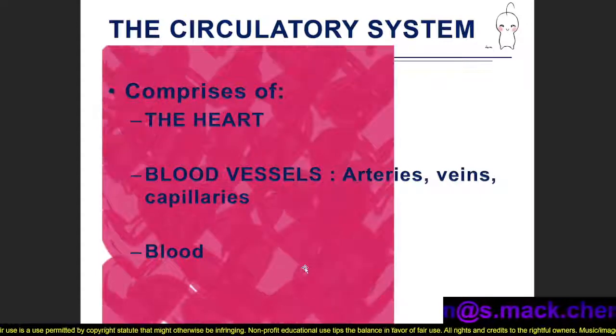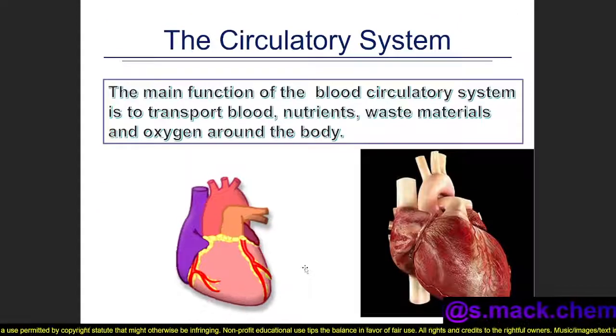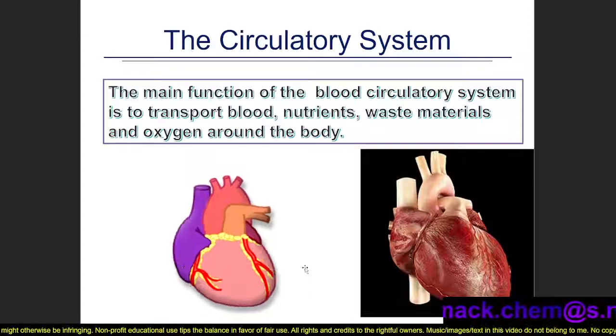Why is blood important? And we say that the main function of the circulatory system is to transport this blood, where blood consists of nutrients, waste materials, and oxygen. These are just a few of the substances transported in blood around the body.